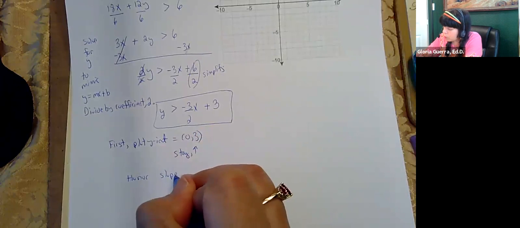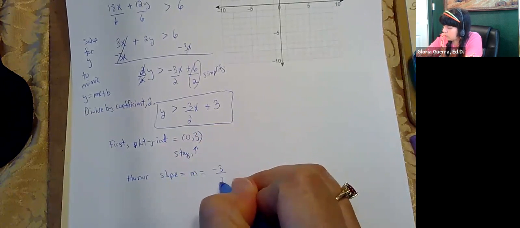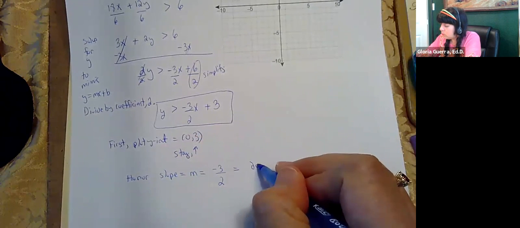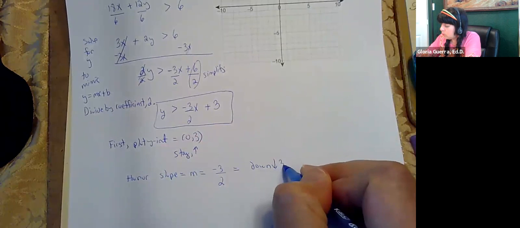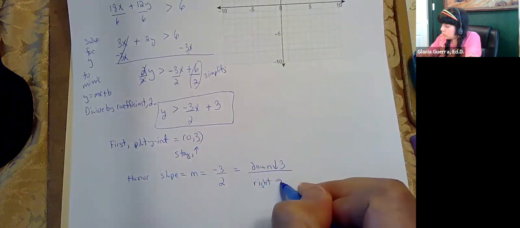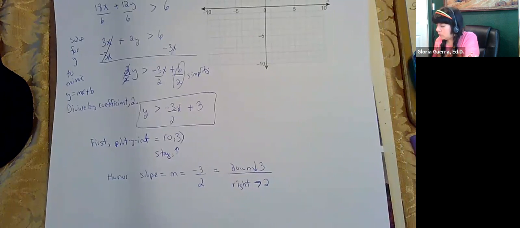And then we're going to honor our slope, negative 3/2. So you're going to go down 3, and you're going to go right 2. Down 3, right 2, down 3, right 2.